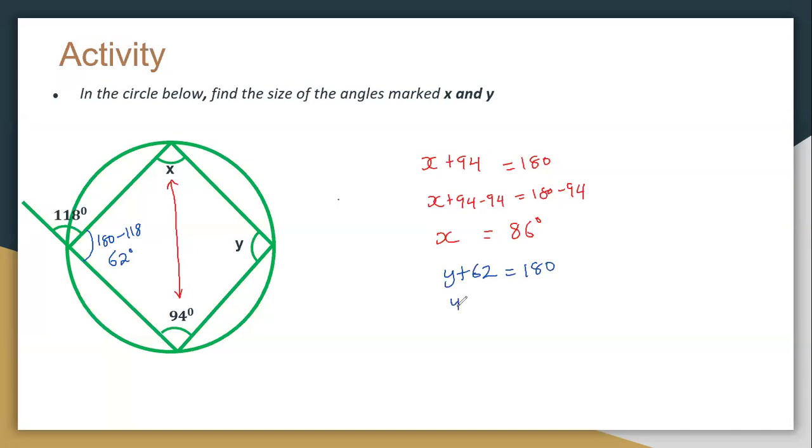Then Y equals 180 minus 62, which will give us 118. Thank you. 118.